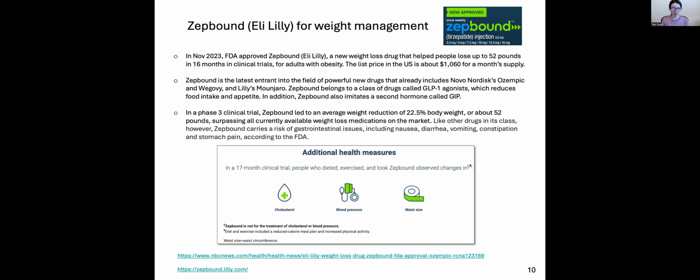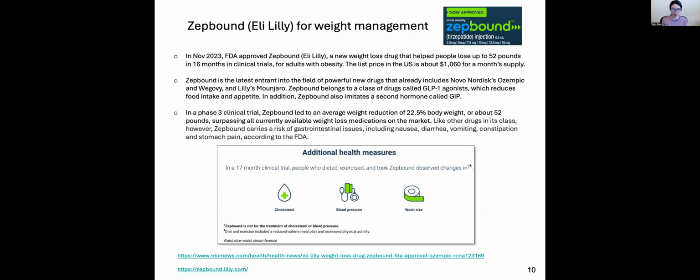And like I said, all medication has side effects. Zepbound has a risk for gastrointestinal issues, as well as nausea, diarrhea, vomiting, constipation, and stomach pain. There are also additional health benefits for people who were involved in a 17-month clinical trial, and they also dieted and exercised.